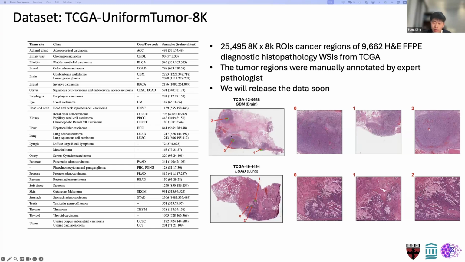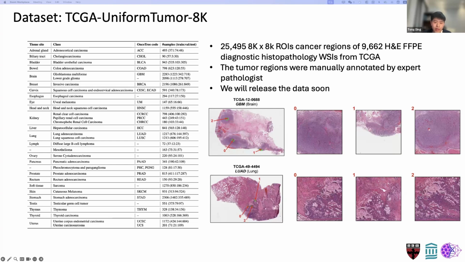For each contour, we cropped an 8K by 8K region in order to contain both the dense tumor and surrounding tissue context. And we made site-preserving splits of this dataset into train, validation, and test. We will release this data for research use soon.